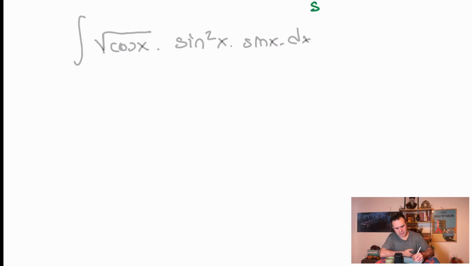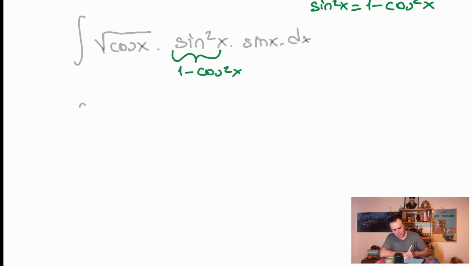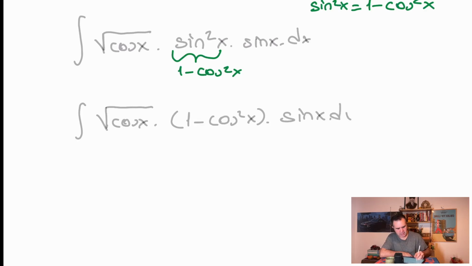Then this means that sine square of x is equal to 1 minus cosine square of x. I rewrite sine square of x as 1 minus cosine square of x, and the integral becomes square root of cosine x times 1 minus cosine square of x times sine x dx.